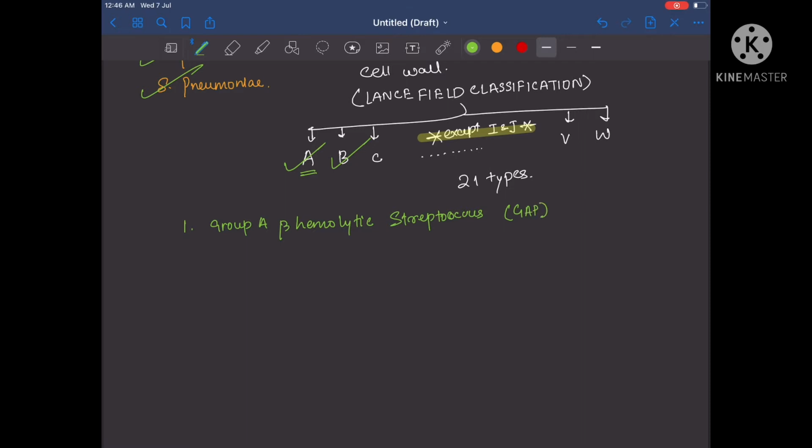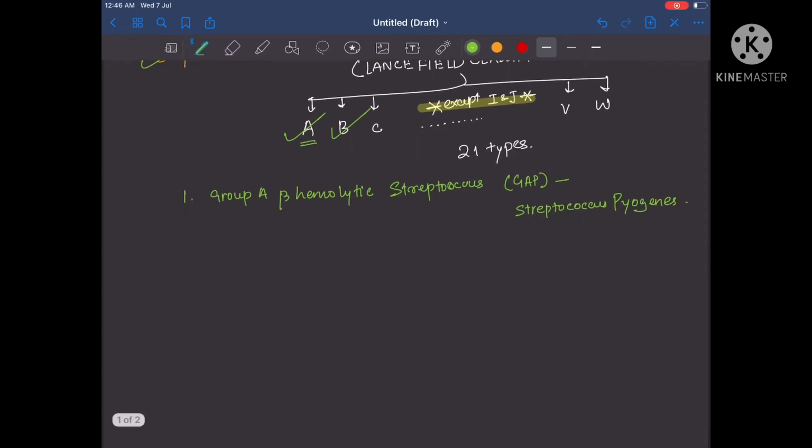It's known as Streptococcus pyogenes. So discussing this group A beta Streptococcus, we will follow our same template, that is introduction, selective medium, the virulent factors, the clinical manifestations, diagnosis, and treatment.